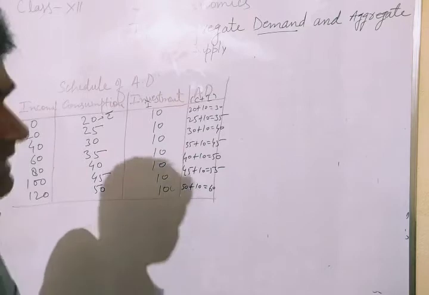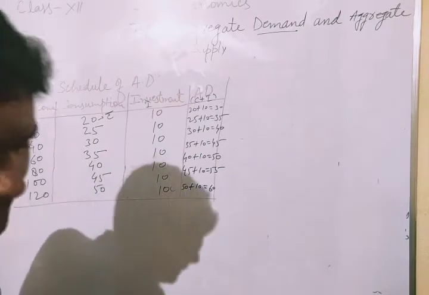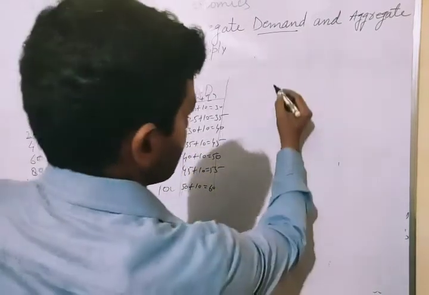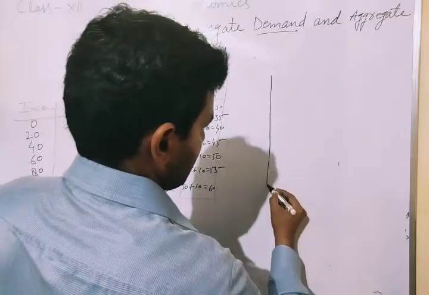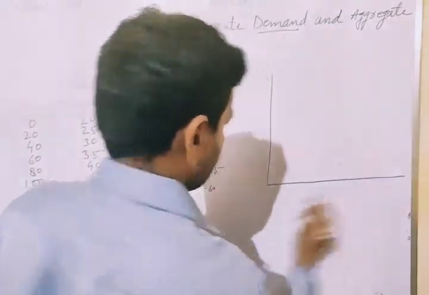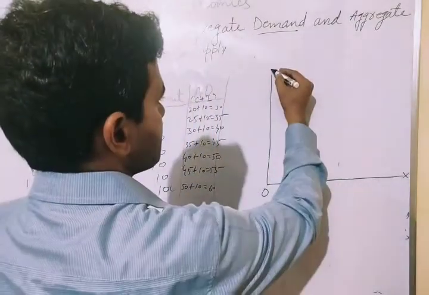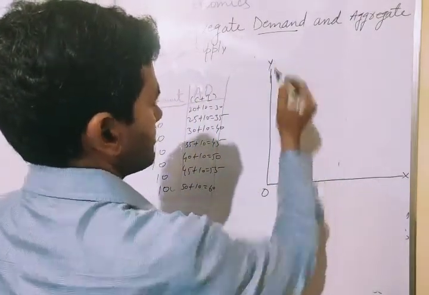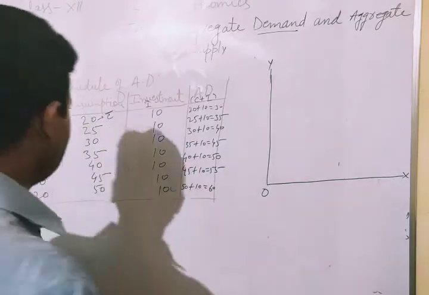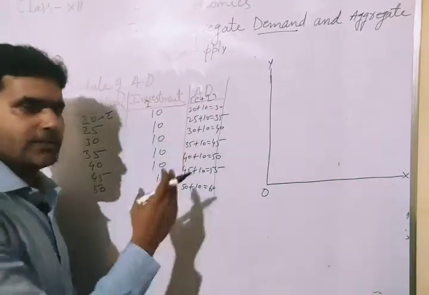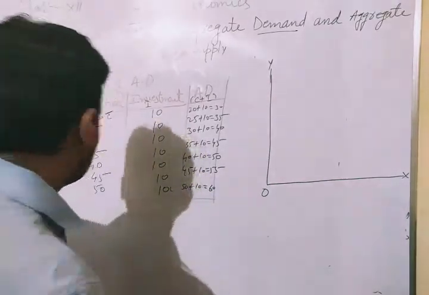Now we will understand it with the diagram. Here we are making the diagram of aggregate demand. This is OX axis and this one is OY axis. This you know already. You have made so many diagrams in your previous class, this class also.